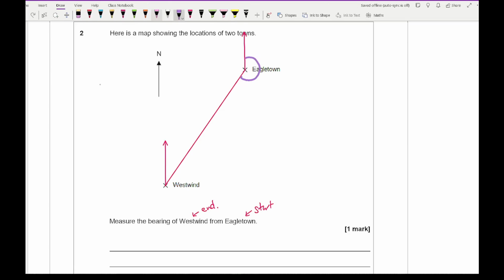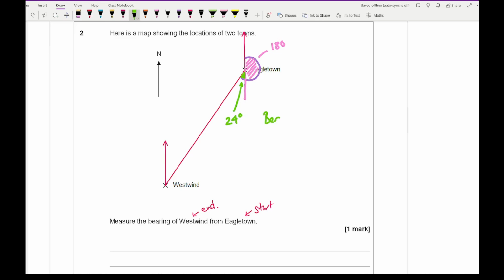Now, if you've got a protractor and you haven't got a 360 angle measurer, then obviously this is going to be quite awkward. But one tactic I would strongly recommend is to make use of straight lines. I know that this part of the angle is 180. So technically, all I then need to do is measure this little angle here. If you do it correctly and you've printed this off, then this angle should be 24 degrees.